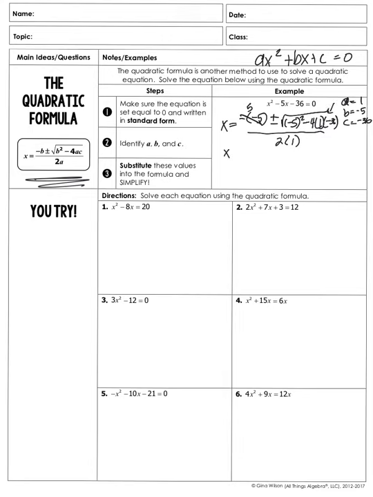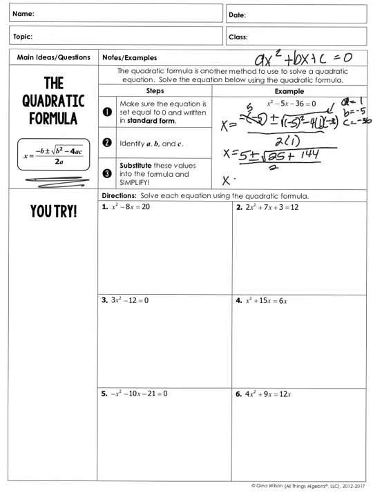So we have x equals 5 plus or minus the square root. (-5) squared is 25. Minus, let's see, 4 times 1 is 4. 4 times -36 is... -4 times -36 is positive 144. All over 2, because 2 times 1 is 2.